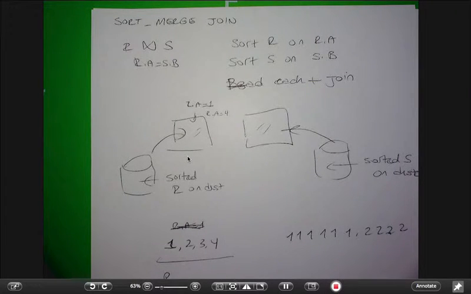Only then you're done. Then you read the next one. And then you join for every single value here. Which is still not so bad because you only will have one tuple here, right? And you will iterate over this one if duplicates are allowed until you are done with the ones.